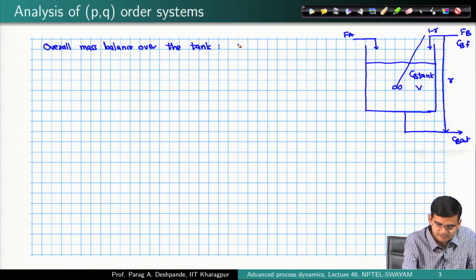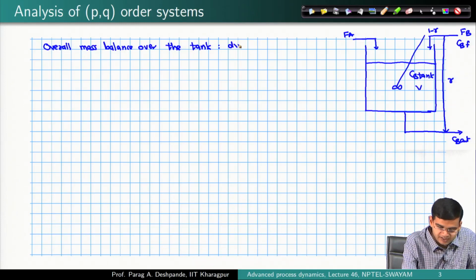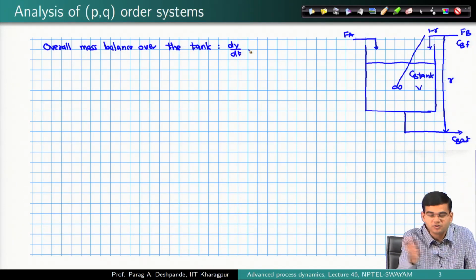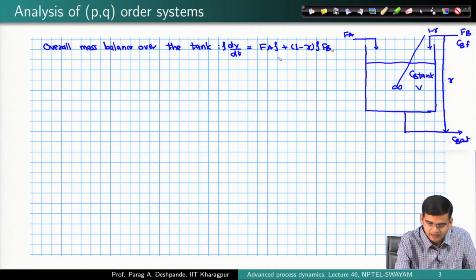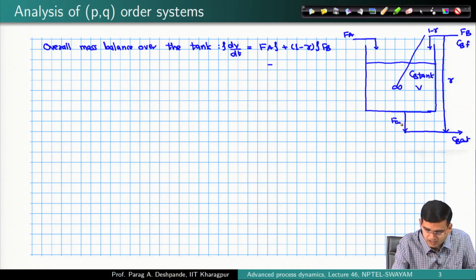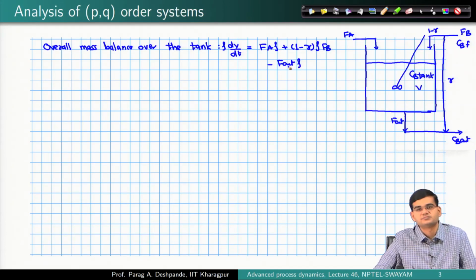So, I can write the time rate of change of V, dV by dt multiplied by rho, density is a constant, is equal to F A rho plus 1 minus R rho F B minus this was written as F out times rho, right.